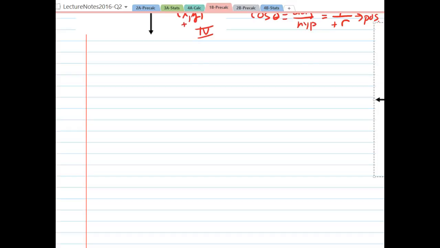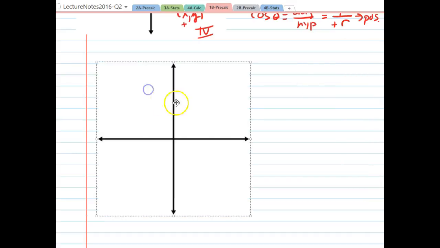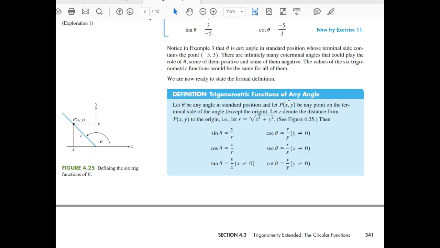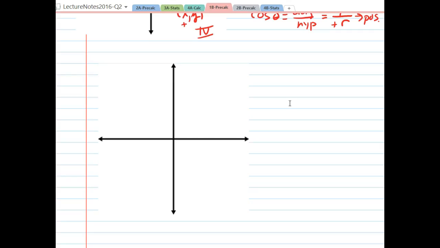I'm going to grab another coordinate system here. And what we'll do is find the 6 trig functions for some arbitrary angle where we are stopping here. So let's pick the point (2, 5). Okay, so I am at (2, 5). And that would mean this is my hypotenuse, r.